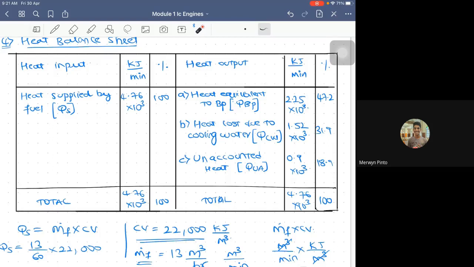How much will you get? Yes, sir, 4.67. A little bit marginal. So it's 4.76, isn't it? Here it is 4.67 you're talking about. A little bit of marginal difference would be there because you're using your calculators and neglecting the decimal points to some extent. Definitely that particular change would be there. No need to worry about it.